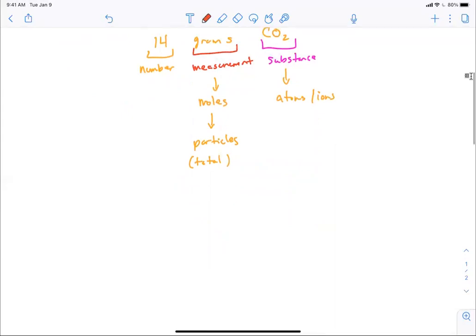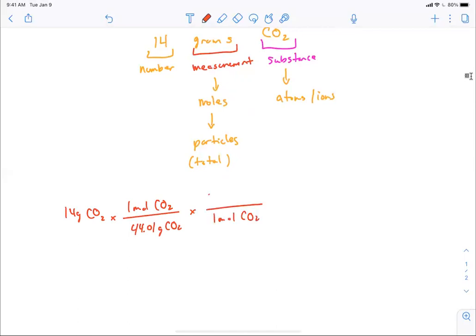And this is where that idea of 14 grams of CO2 comes in, and I'm going to do it the factor label way, but we can also do a proportional method as well. But your first idea is I need to convert my grams to moles. So this conversion converts my unit from grams to moles, because when I go from moles, I can get to 6.02 times 10 to the 23rd molecules of CO2.